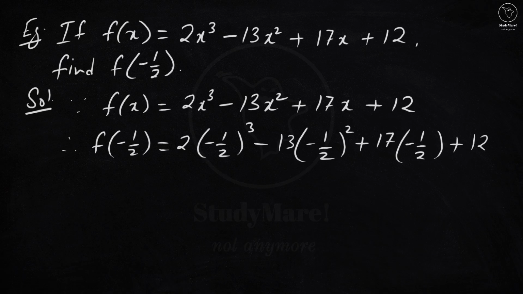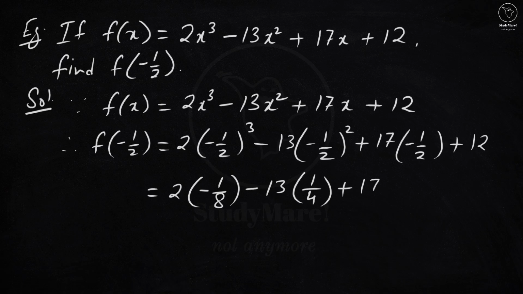Solving it further, we get 2 into minus half cube is minus 1 by 8 minus 13 into minus half square is 1 by 4 plus 17 into minus half plus 12.